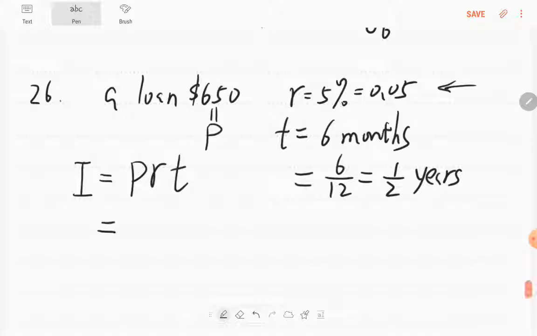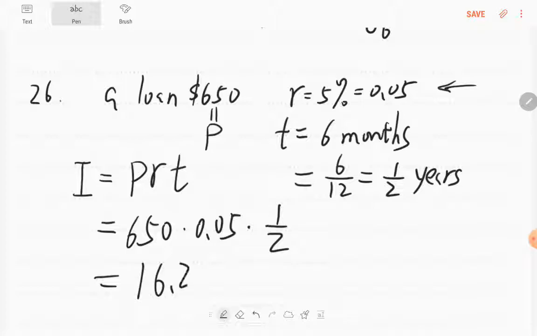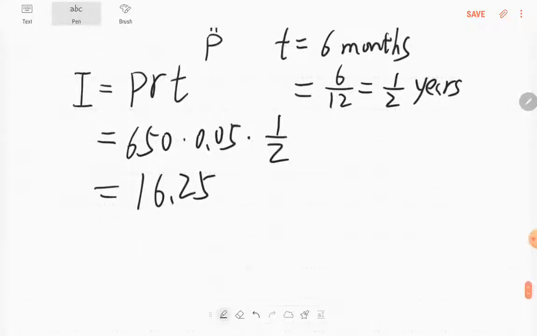So we plug in, this would be 650 times 0.05 times 1/2. If you use your calculator, you will see this would be 16.25. So this is the interest, right?